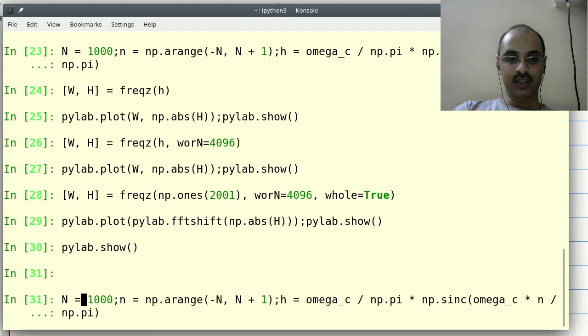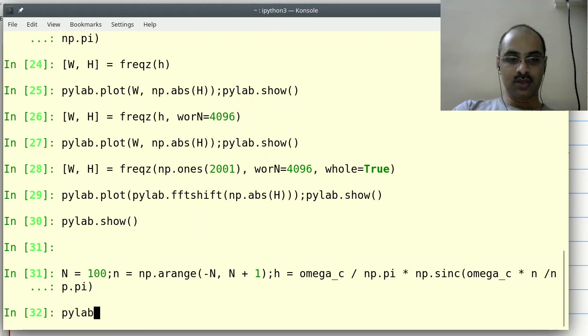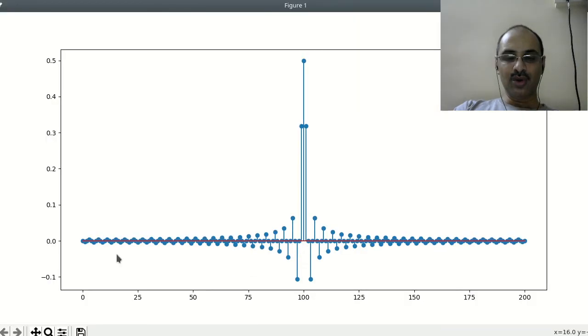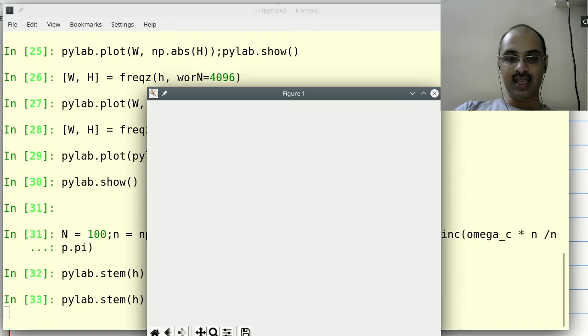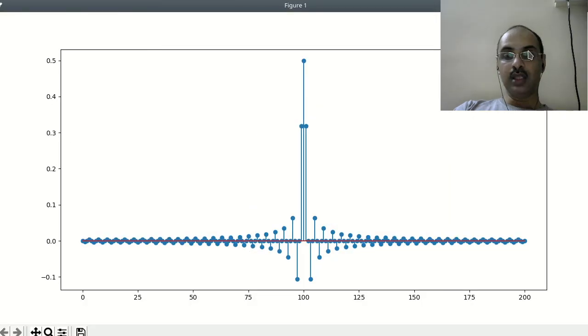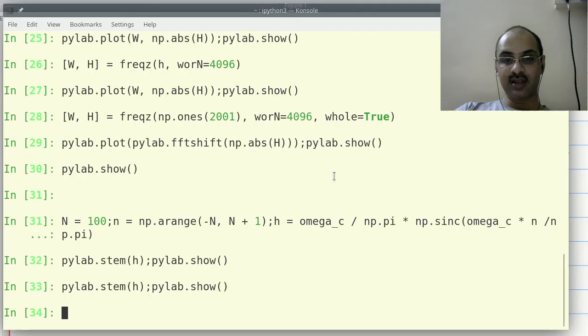I'll just do a stem plot. So it looks like a sinc-like shape, and notice that as you make n larger and larger, the values tend to get smaller, but they are never 0. Another important thing is I told you that the original DTFT was real and even. Even this is real and even. Let's take a larger n.